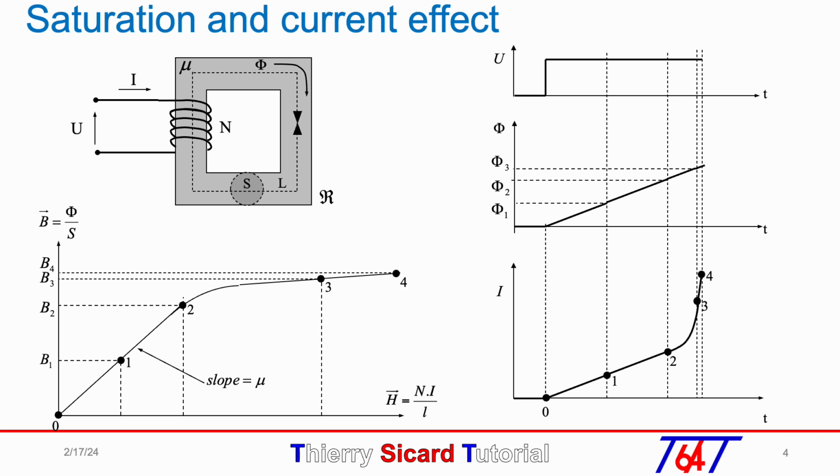So the result of the magnetic circuit saturation is a high current in the coil, a little bit like a short circuit. So to solve this problem, almost all the magnetic circuits use an air gap, which will have the effect of increasing the magnetic circuit length to get a more linear permeability mu.